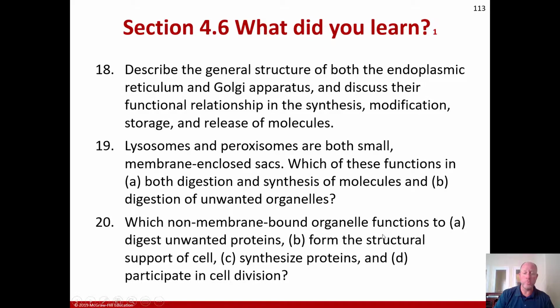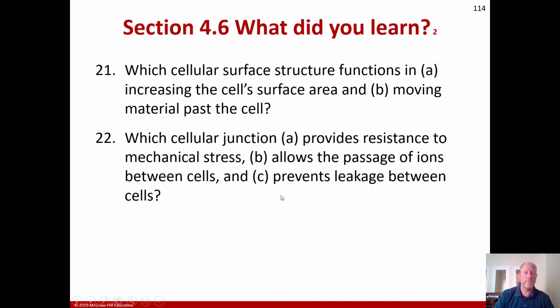Which non-membrane-bound organelle functions to digest unwanted proteins, form the structural support of the cell, synthesize proteins, and participate in cell division? Which cellular surface structure functions in increasing cell surface area and moving material past the cell? And of course, which cellular junction provides resistance to mechanical stress, allowing the passage of ions between cells and preventing protein leakage between cells? And that's section 4.6, and then we'll talk about section 4.7 shortly.